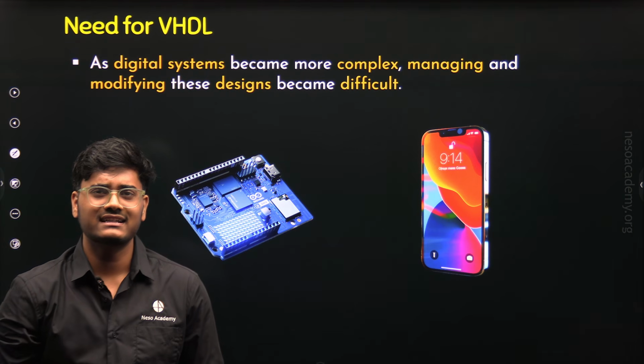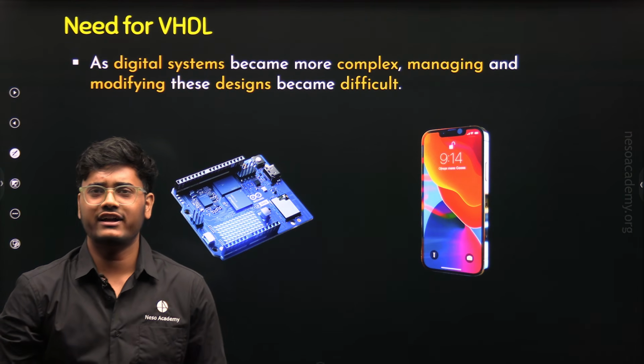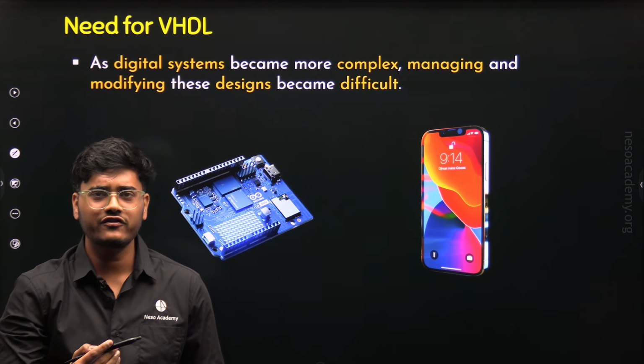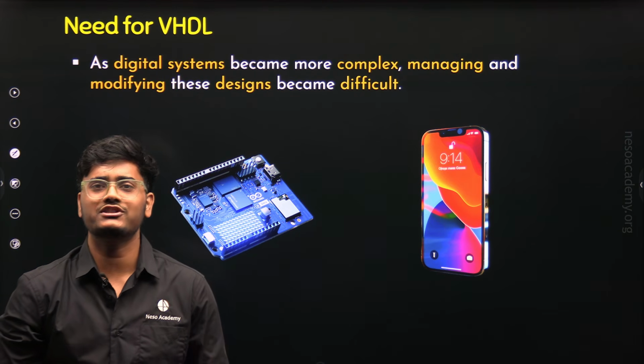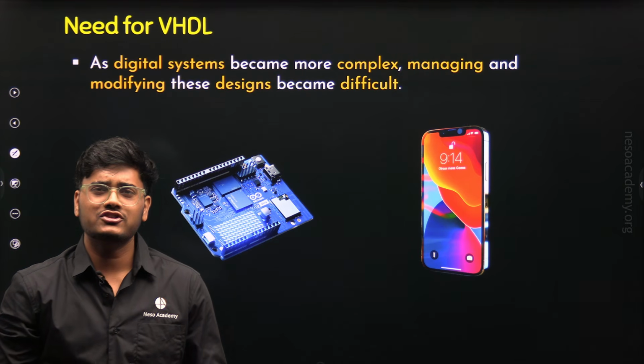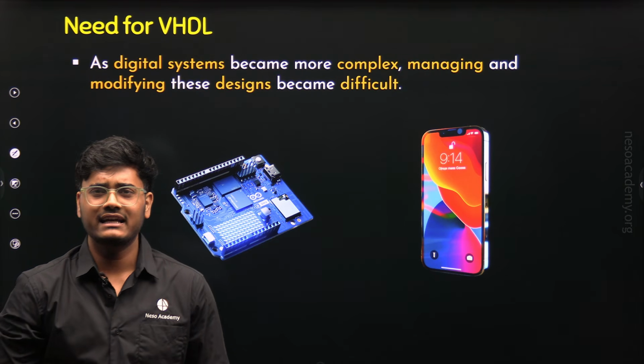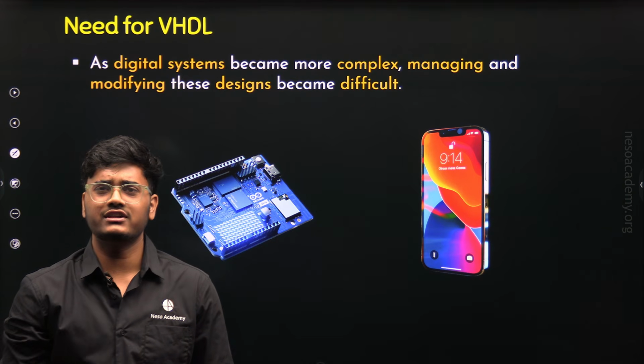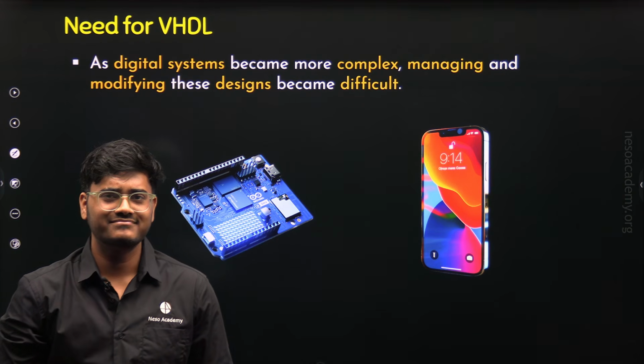In such cases, designing becomes very difficult, debugging becomes complex, and modification becomes very time consuming. And because of this increasing complexity, engineers needed something new, something more efficient for digital system design. And this is where VHDL came into the picture.